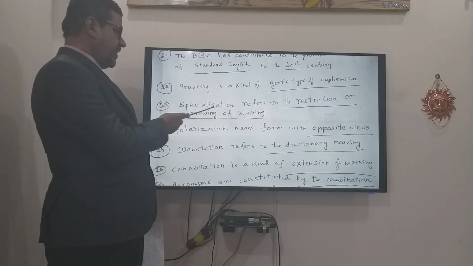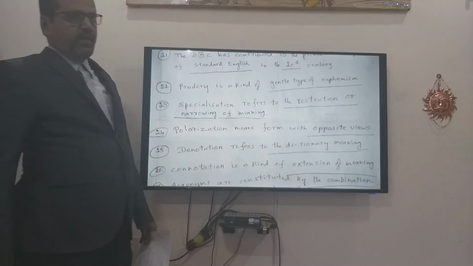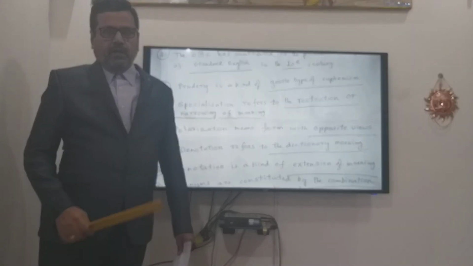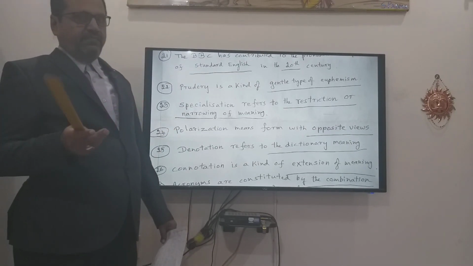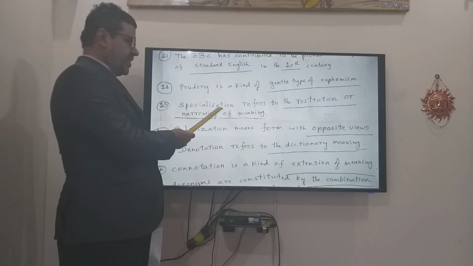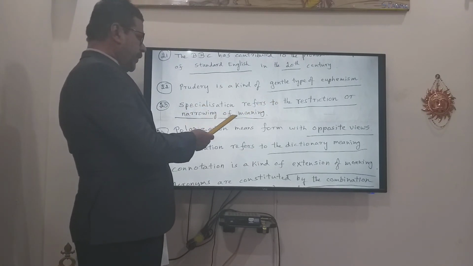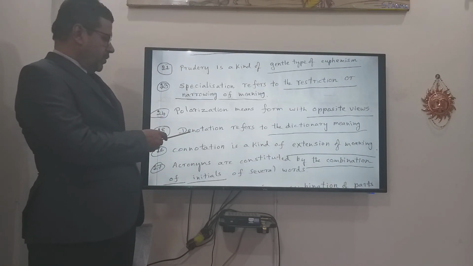Next, specialization refers to the restriction or narrowing of meaning. It also comes under the different ways of change of meaning in the English language. So what do you mean by specialization? Restriction or narrowing of meaning. Another one, what do you mean by polarization?